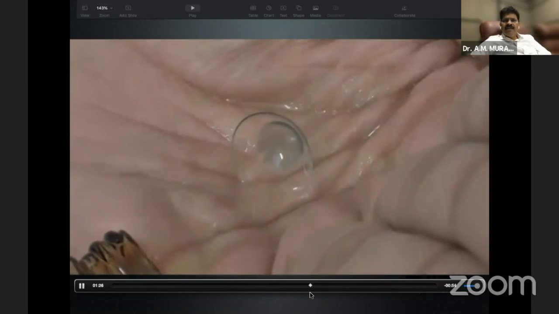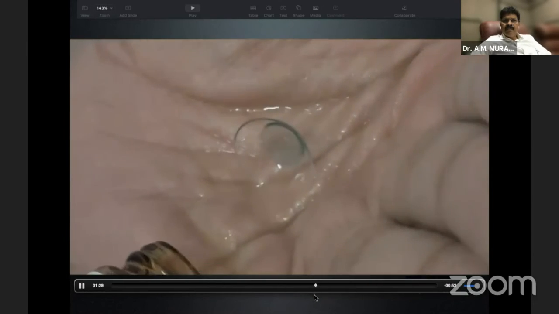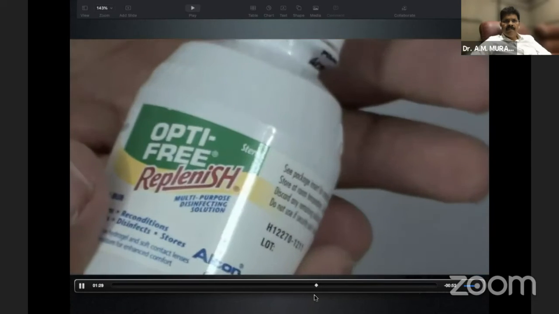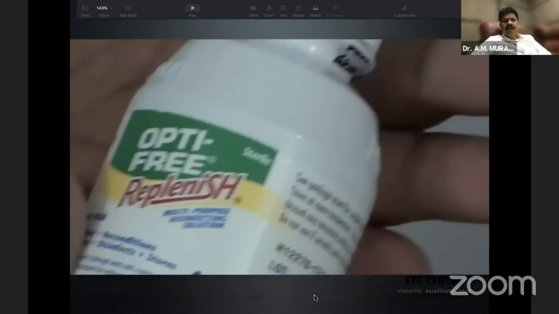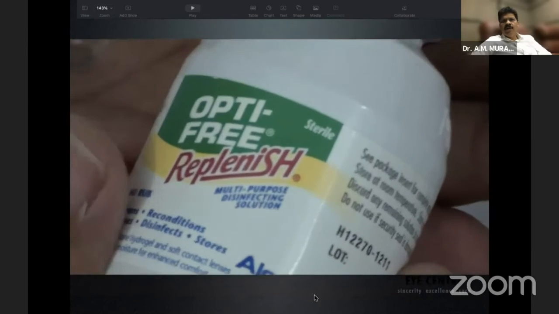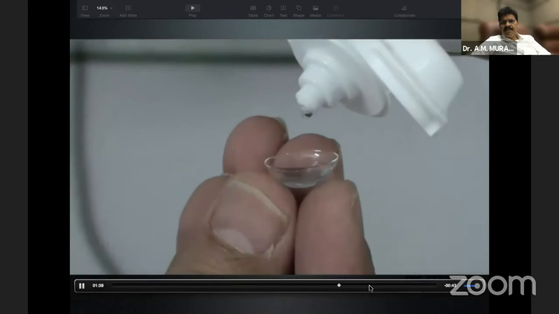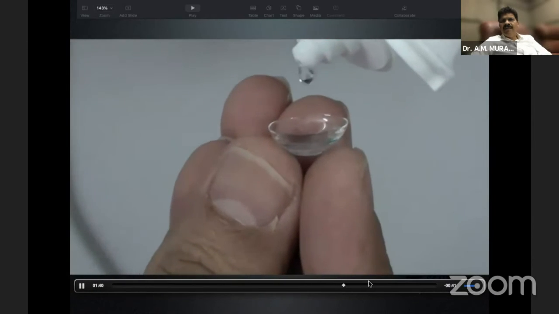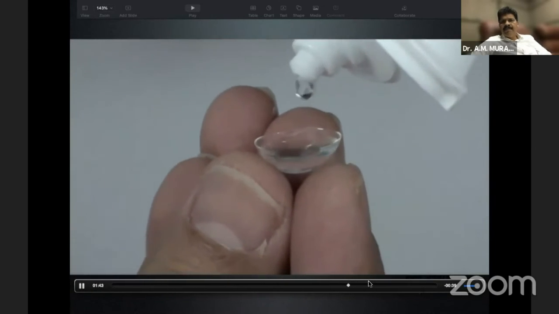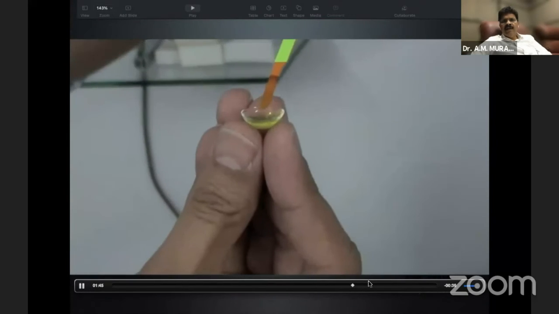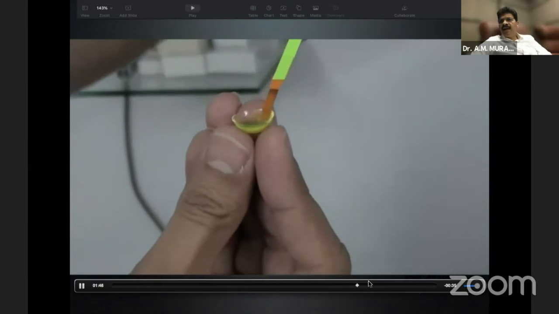You can see the lens there. Use MPS solution, or you could even use preservative-free saline solution for these cases. You have to fill it till the brim, and then apply the sodium fluorescein, the high molecular weight one.